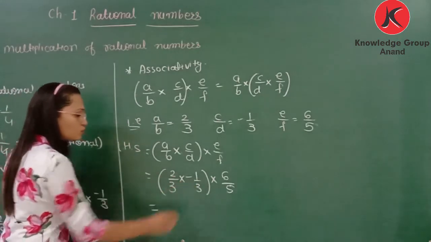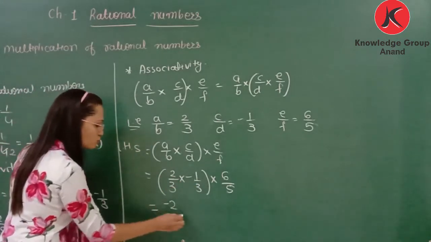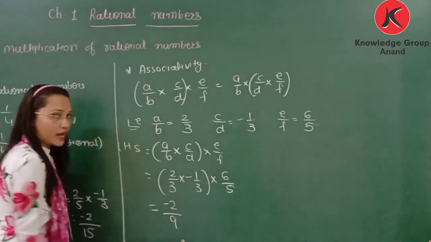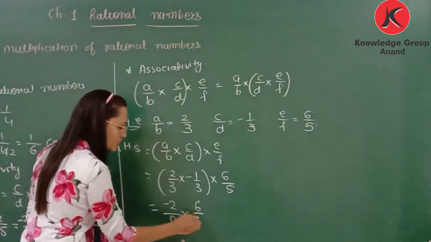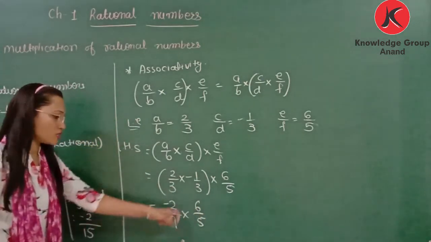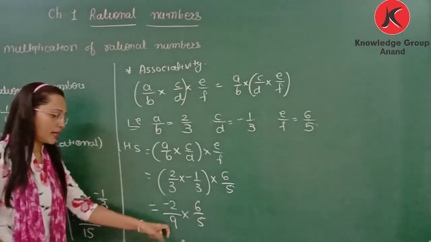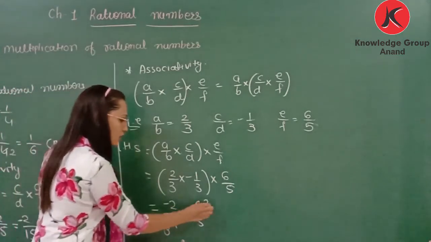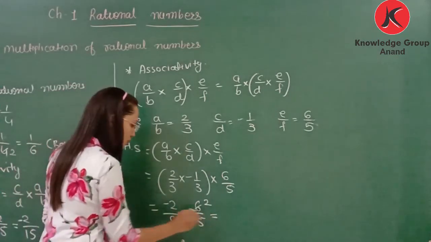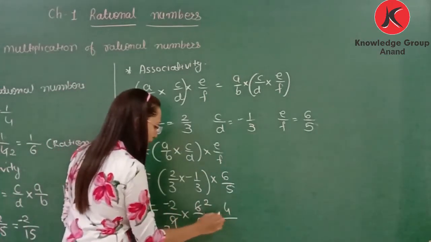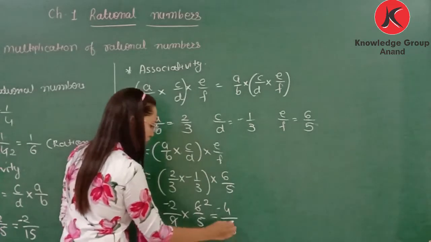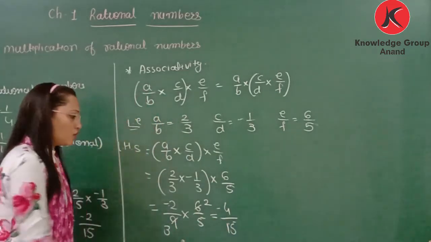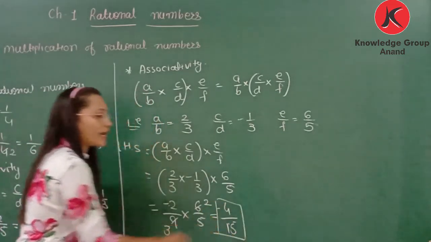So here 2 into minus 1, that is minus 2, 3 3s are 9. Then multiply 6 by 5. If there is a common factor between numerator and denominator, then you can cancel out. So here 3 3s are 9, 3 2s are 6. So here we have minus 2 into 2, 4, minus 4 by 5, 3 5s are 15. Okay, now let's check the right hand side.